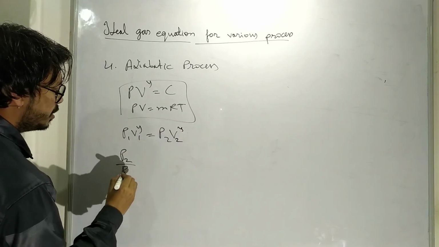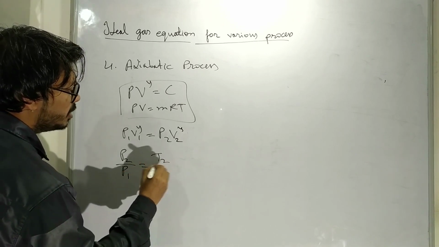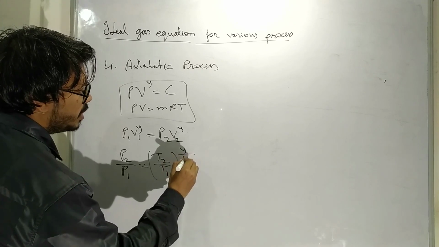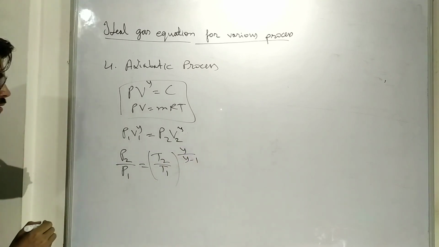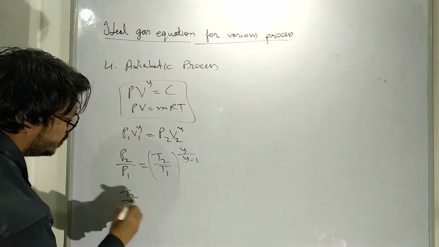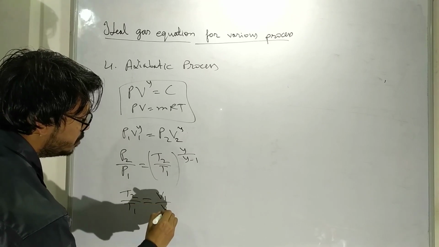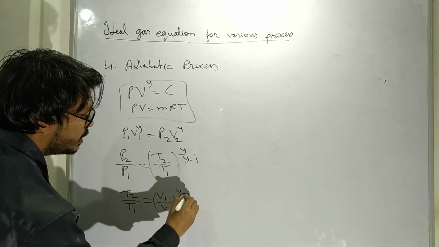P2 by P1 is equal to T2 by T1 to the power gamma by gamma minus 1. T2 by T1 is equal to V1 by V2 to the power gamma minus 1.